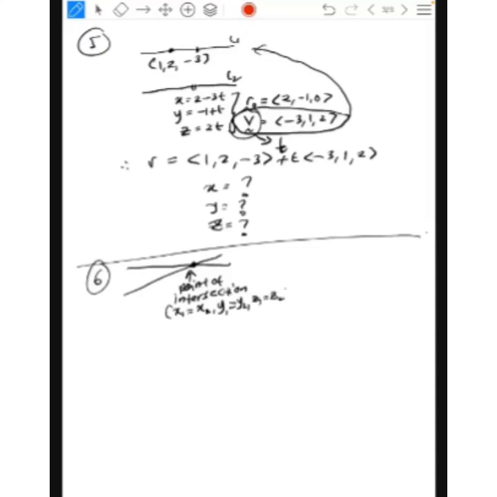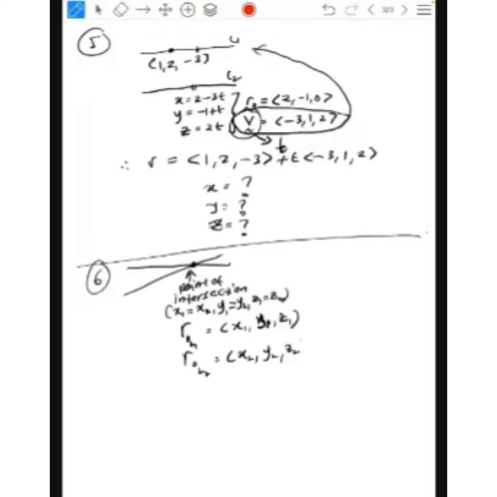What is x1, x2, y1, y2, and so on? Okay, R0 for L1 is equal to (x1, y1, z1), and then the R0 for L2 is equal to (x2, y2, z2). Okay, the point is the same at this particular point of intersection.